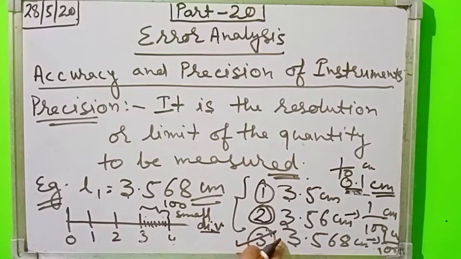So the more precise instrument is the one giving 3.568 centimeter. Clear? So this is the difference between accuracy and precision. I hope that both the terms accuracy and precision of the instrument are clear to you. Now we will further discuss error in measurement.